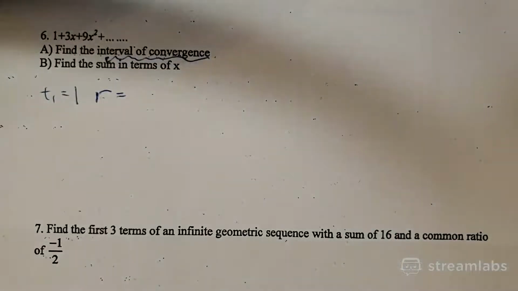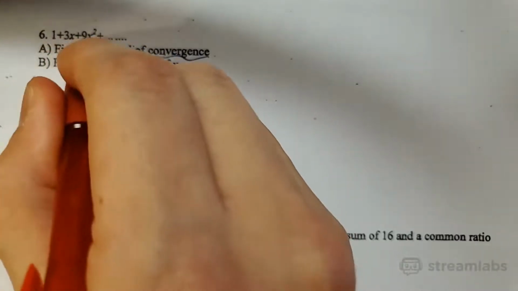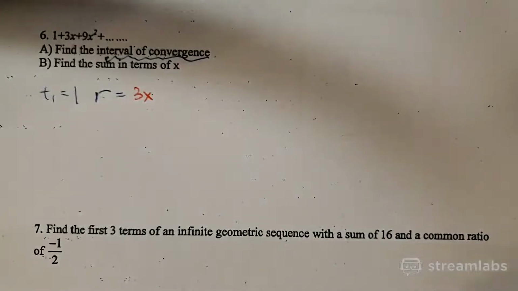What's the ratio here? 3x, because you multiply by 3x each time. 1 times 3x is 3x, 3x times 3x is 9x squared. So the ratio is 3x.